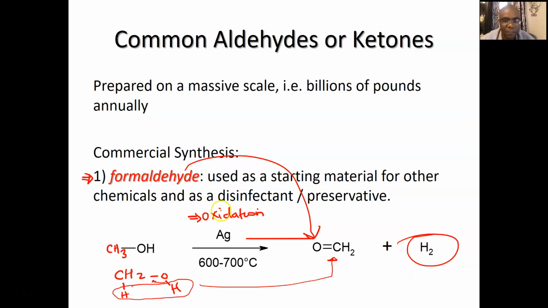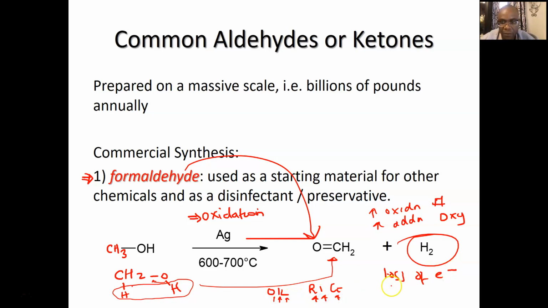Remember we defined oxidation as increase in oxidation number. We also defined it as addition of oxygen. We defined it as loss of electrons. Of course, I remember giving you this acronym: OIL RIG, oxidation is loss, reduction is gain.